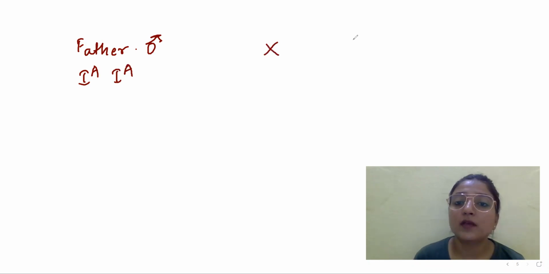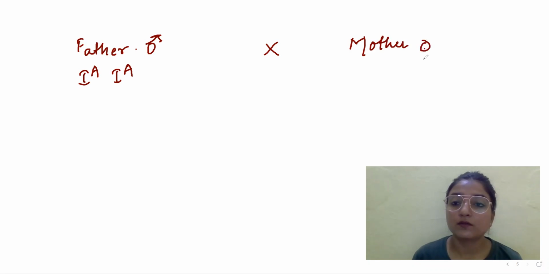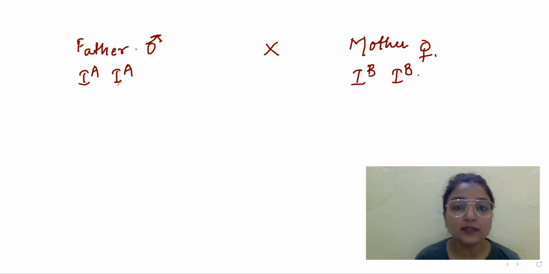And if the mother has homozygous B, so IB IB, these will be the possible alleles.